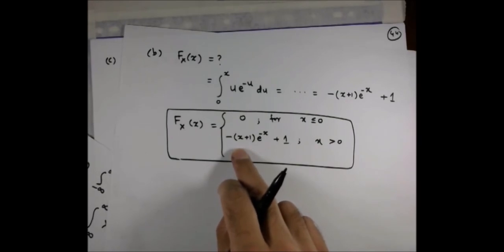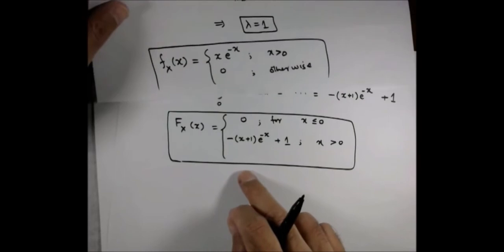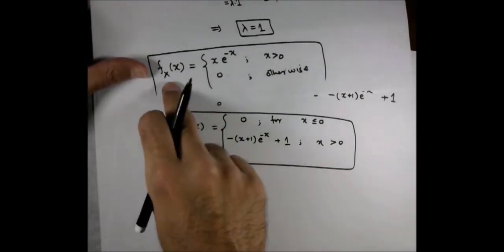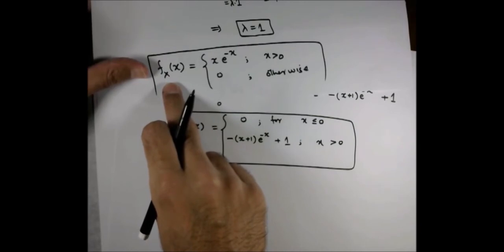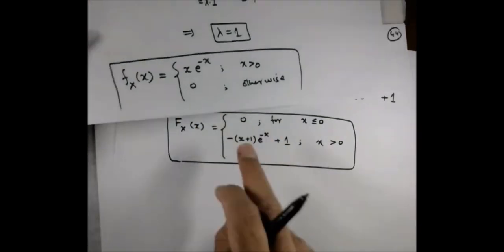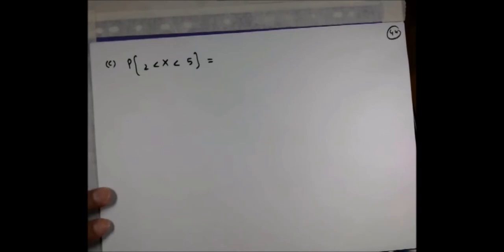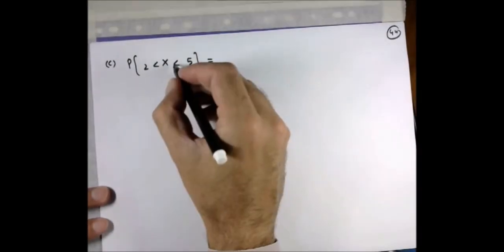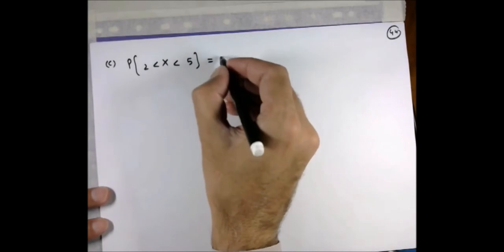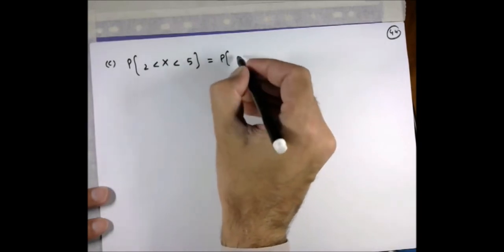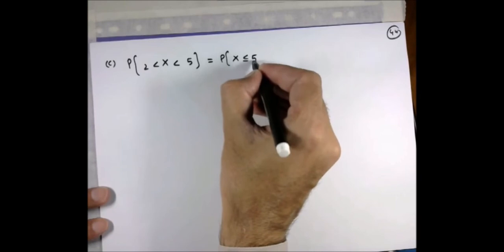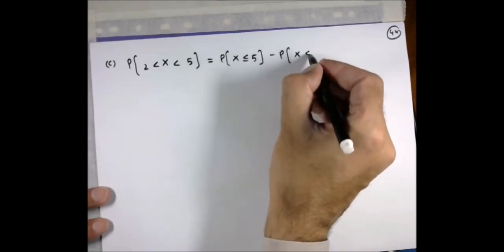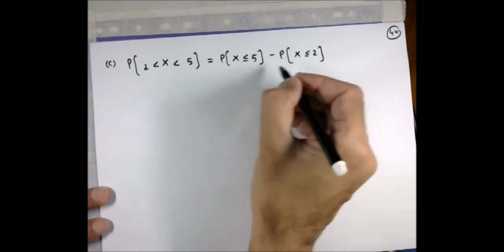If both CDF and PDF are available, it is better to utilize the CDF instead of PDF expression. So I'll use the CDF expression now. So this probability becomes, this can be written as probability that x is less than or equal to 5 minus the probability that x is less than or equal to 2.